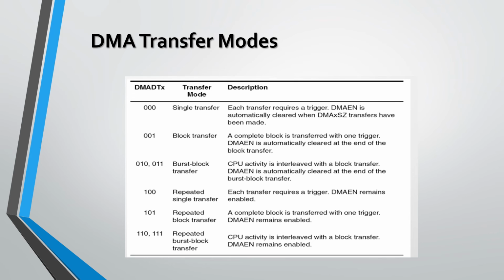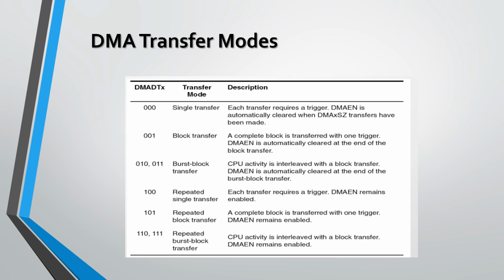Then we'll see DMA transfer modes. It has 6 transfer modes: single transfer, block transfer, burst block transfer, repeated single, repeated block, and repeated burst block transfers. In single and repeated single modes, each byte or word transfer requires a separate trigger. In block or repeated block modes, a transfer of a complete block of data occurs after one trigger.